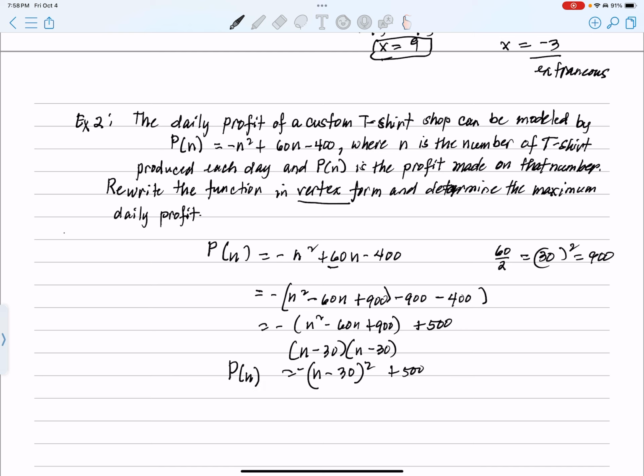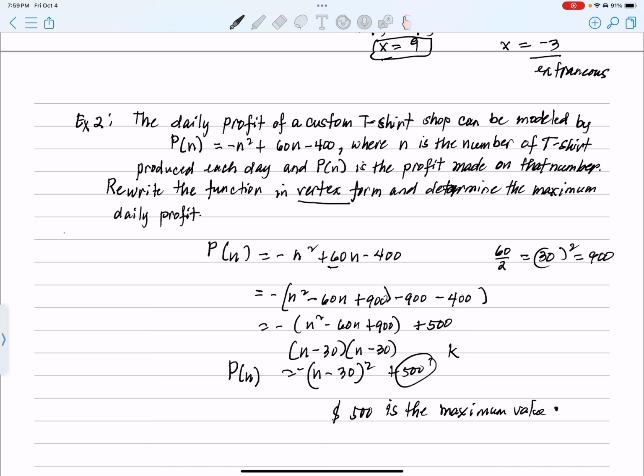Alright. So this is the k. So that means $500 is the maximum. You don't need to compute anything. So by looking at the vertex form, you know where the maximum value is. So the maximum value, this is the maximum profit.